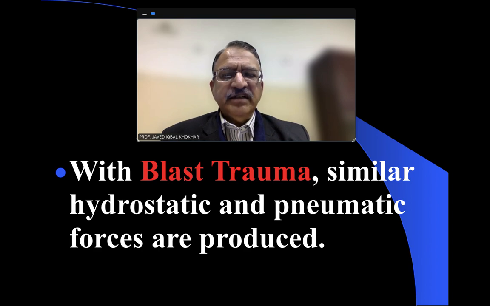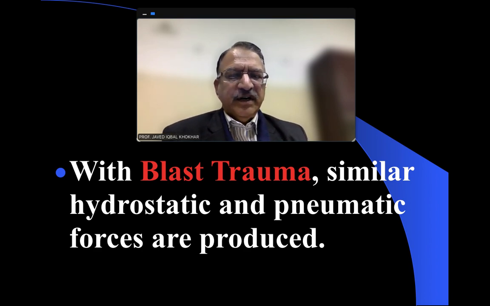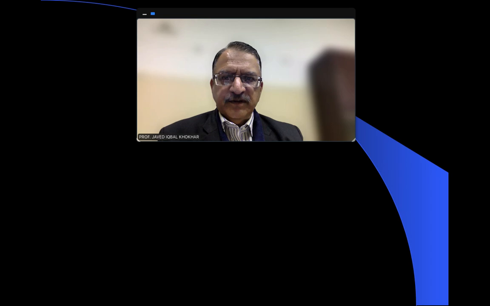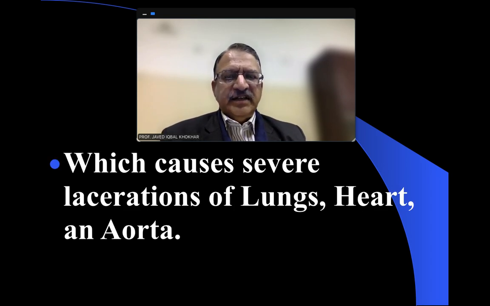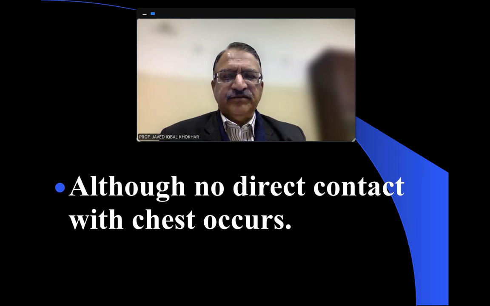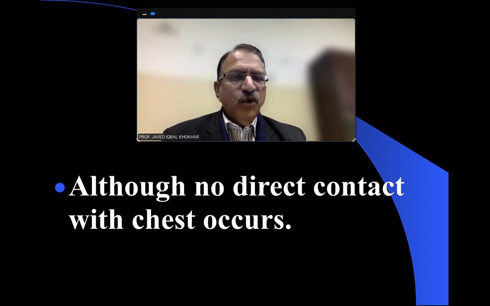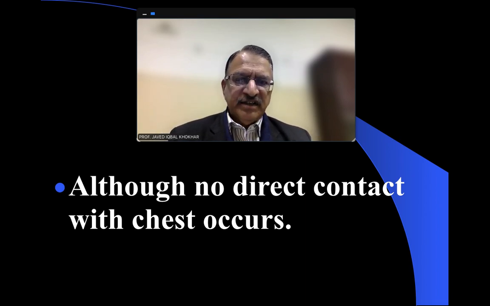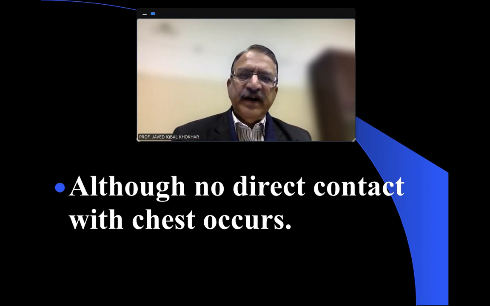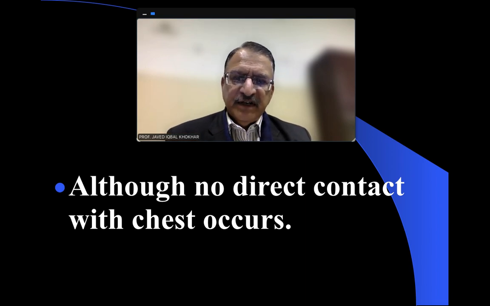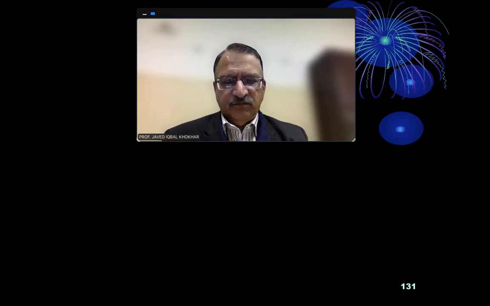In blast injury, similar hydrostatic pressure and pneumatic pressure forces are produced and they cause laceration of the lungs, heart and other structures. Although there is no contact in the blast injuries, as I already told in the previous lecture, even then the damage occurs.